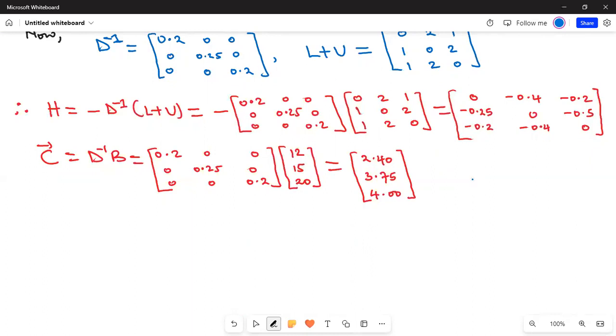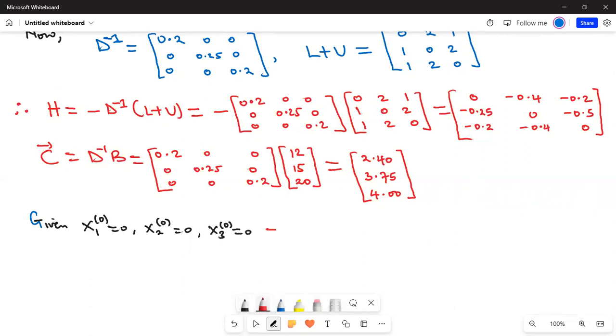Now, you can write given the initial estimates as, given that x1, remember those are the unknowns, at 0 is 0, x2 at 0 is 0, x3 at 0 is 0.